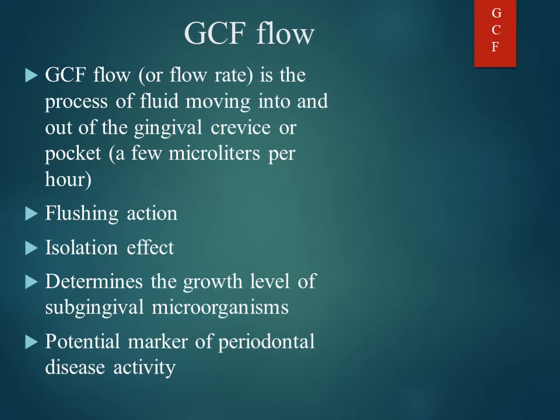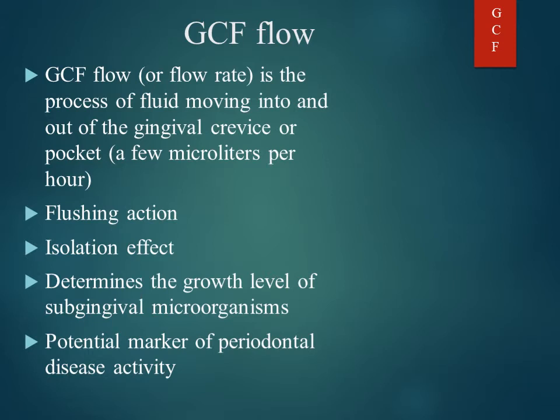It's because of its flushing action that it is able to clear off the sloughed epithelial cells, and it is used to assess the growth of subgingival microorganisms, because we know that a periodontal pocket or a gingival sulcus is a niche for all microbiota to survive because of the environment.